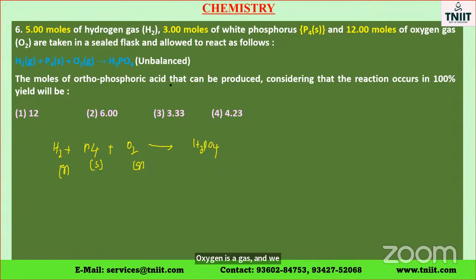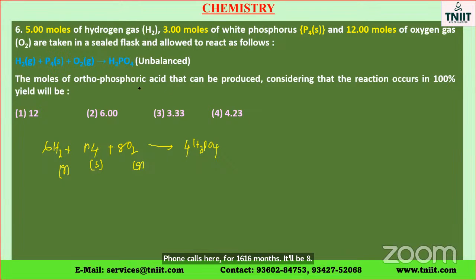It's an unbalanced equation. In order to balance this equation, it is 6 moles of hydrogen and 4 moles of phosphorus, which gives 16 oxygen atoms, so it will be 8.